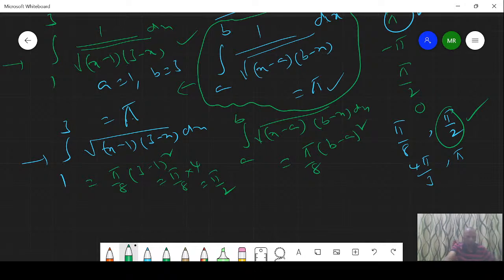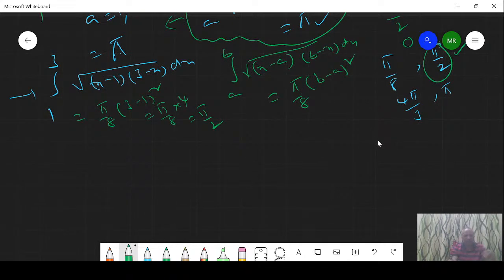Integral 2 to 3, (2 minus x) by root of (5x minus 6 minus x square) dx. Think about this problem.